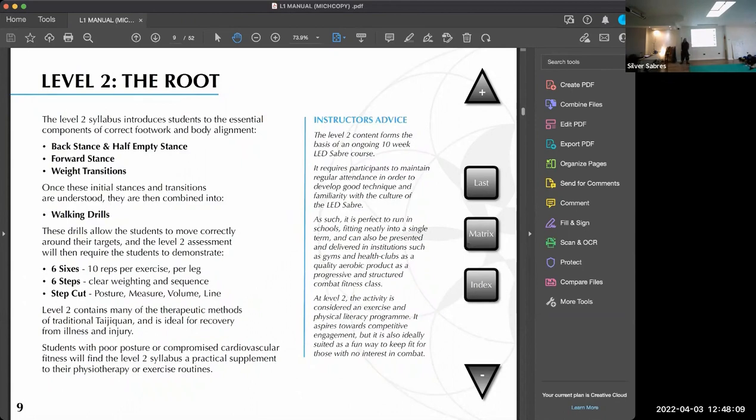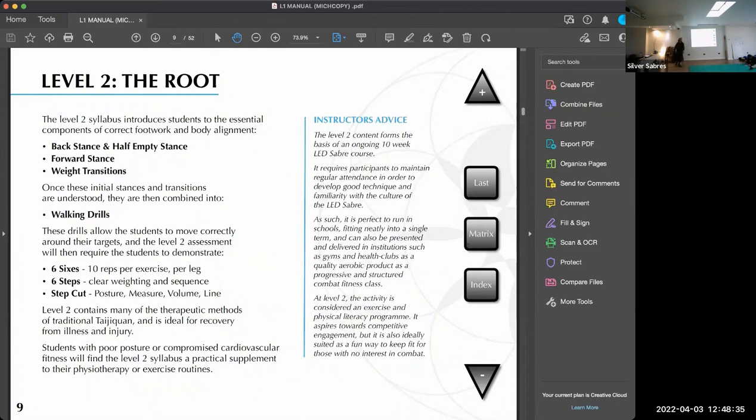A couple of wobbles are acceptable, but a constant wobble through the entire exercises is not. And then they will change to the other leg, and they will do all of the exercises on the other leg. And this is a warm-up, remember, because they're going to go straight into the other parts of the assessment. So if they need a 15-minute break after doing the 6 sixes, that is still a fail.